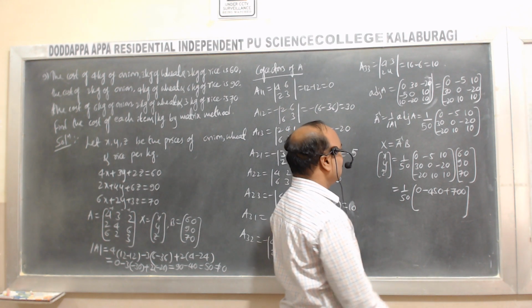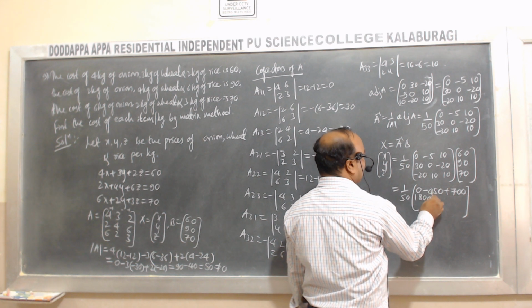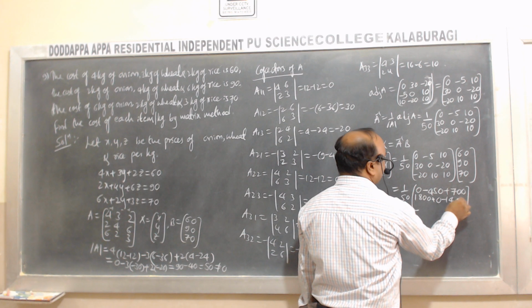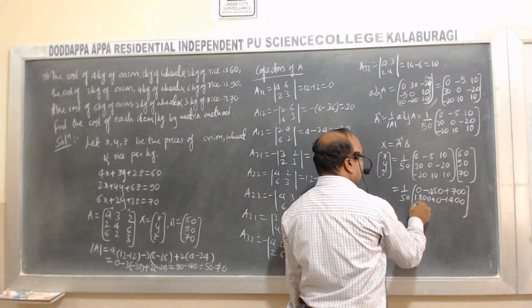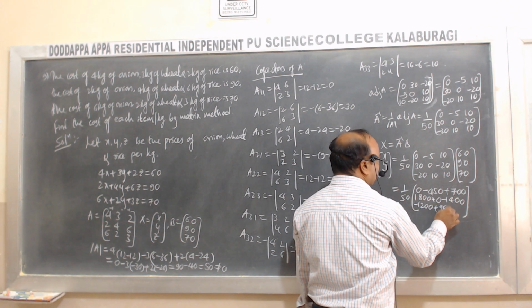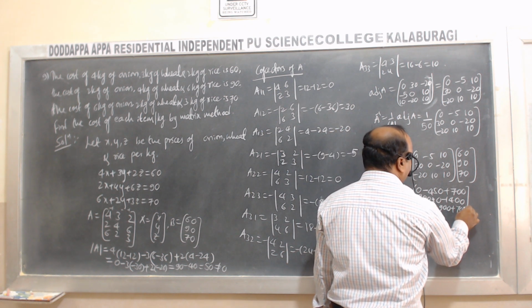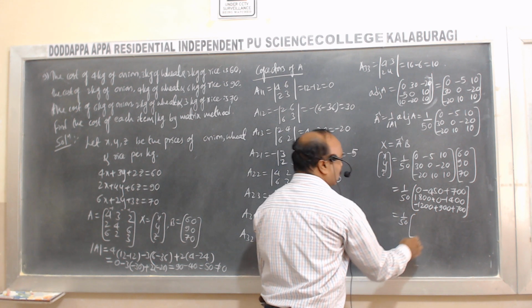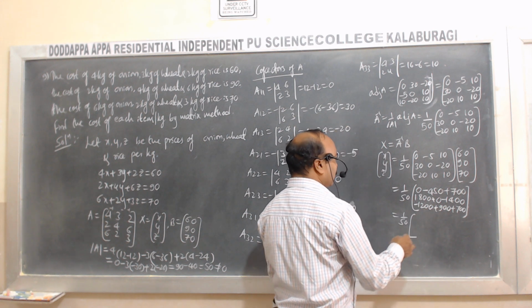Next 30 into 60, 1800, plus 0, minus 1400. Next minus 20 into 60, minus 1200, plus 10 into 90, 900, plus 10 into 70, 700. Now it is 1 by 50 as it is. Simplifying, it is 700 minus 450.